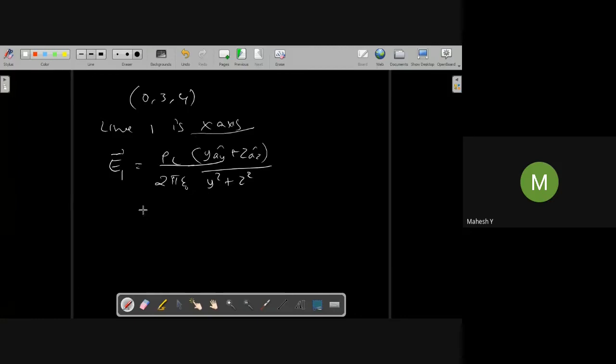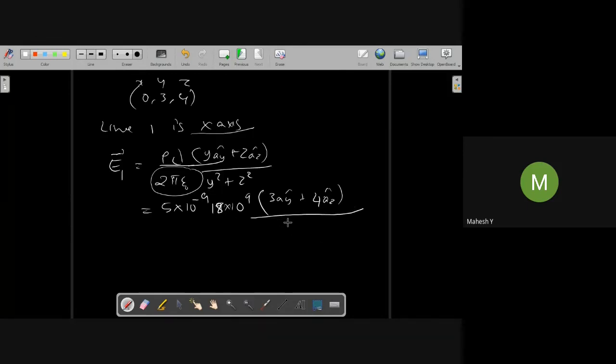So what is the value? Rho L is 5 nanocoulomb, so 5 into 10 raised to minus 9. 1 by 2 pi epsilon 0 is 18 into 10 raised to 9, and the remaining values are y ay cap plus z az cap. So this is x y z, so 3 ay cap plus 4 az cap divided by y square plus z square, that is 25. So simplify this expression.